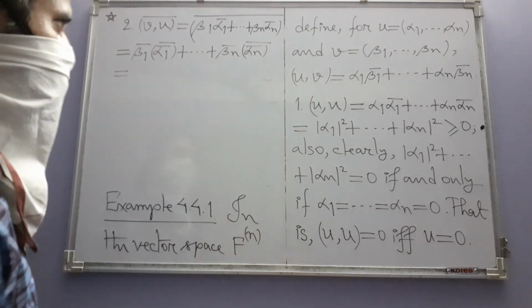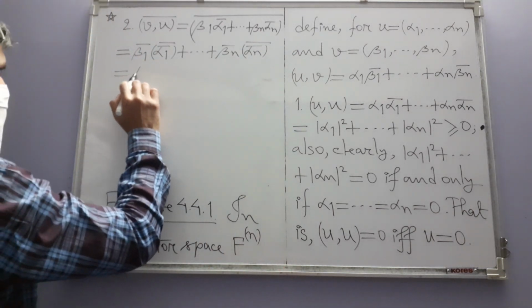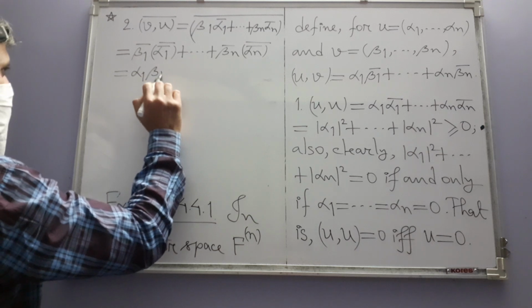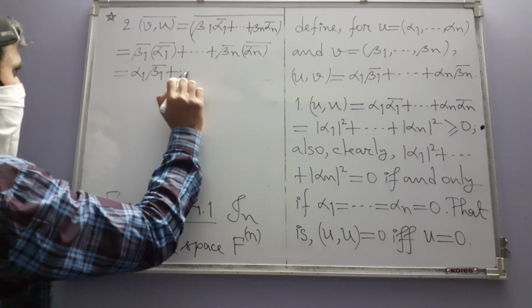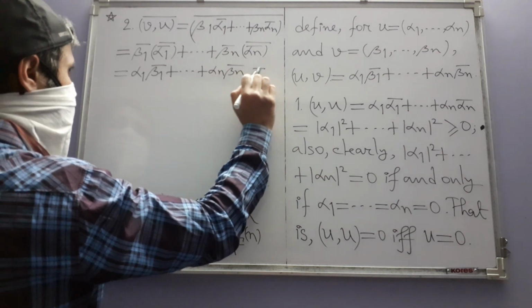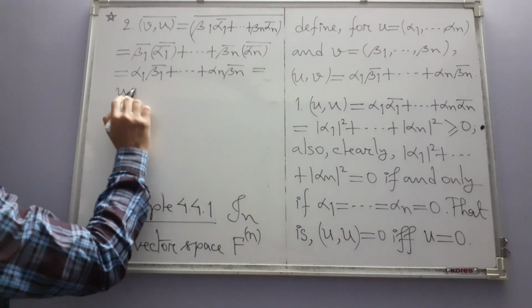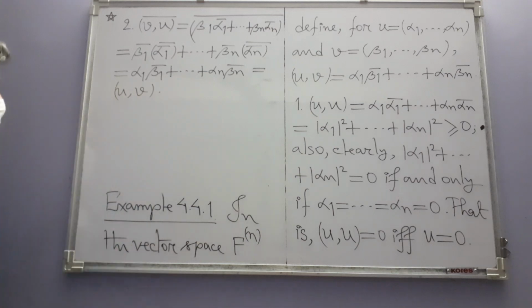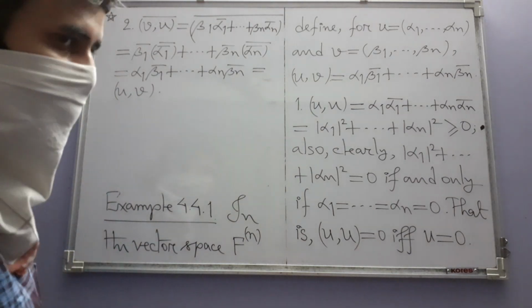This is one of the properties of conjugates. So you just simply get this, which is nothing but u comma v. So that means property 2 is also true.